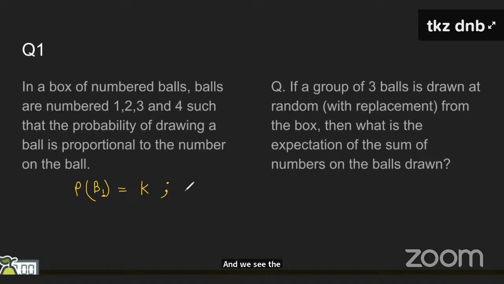Similarly, the probability of b2 will be proportional to 2, which means we multiply with some constant k. Like that, we have calculated the probability of B3 and B4. I understand that part. After this, the question says 3 balls are drawn at random from the box.